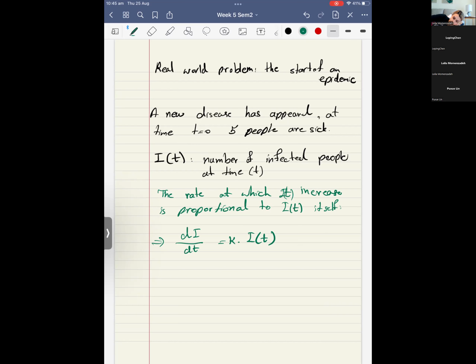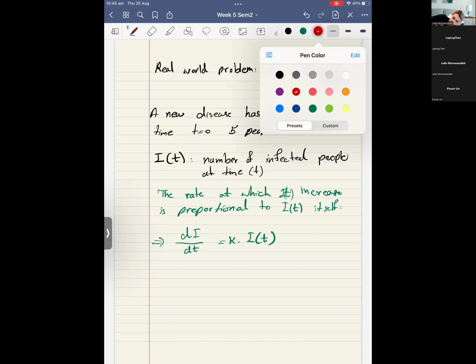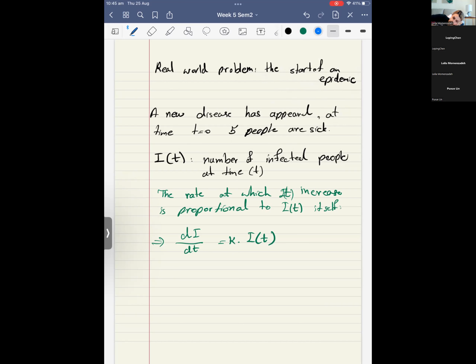and we call this a first order ordinary differential equation.